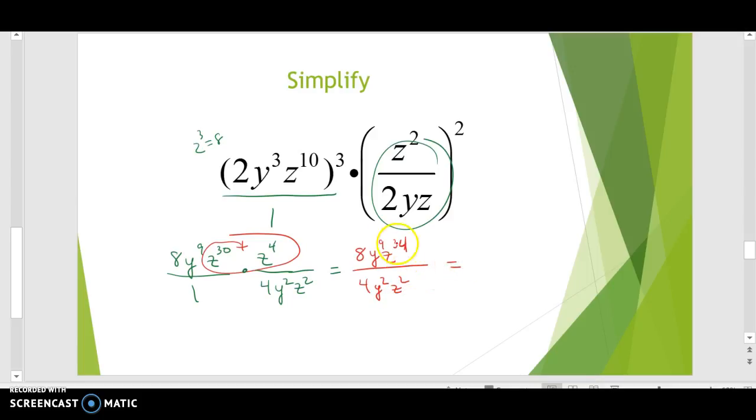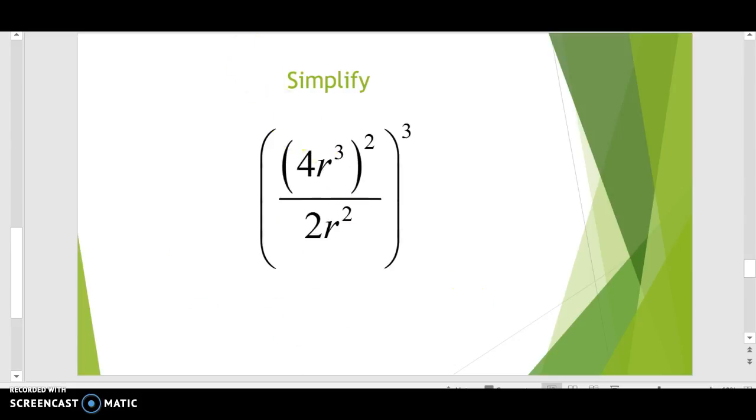And right away, when I simplify this, 8 divided by 4 is 2. 2 y's cancel out, 2 on top, which leaves me with y to the 7th. And then 2 z's on bottom cancel 2 off, so I have z to the 32nd. And this is my final answer.